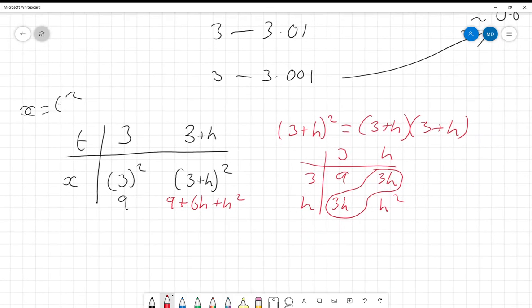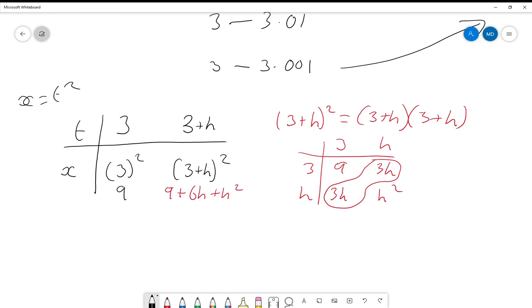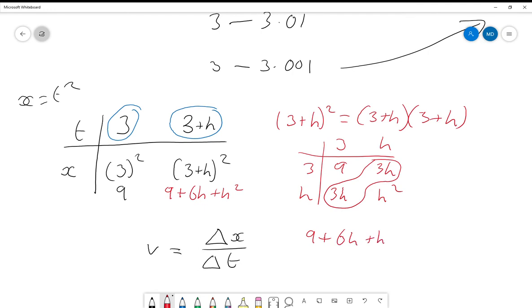And now we still want to do the change in x divided by the change in t. So the average velocity between this point 3 and the point 3 and a bit is going to be, well, the change in x is our 9 plus 6h plus h squared minus 9, all over our change in t, which is 3 plus h minus 3.